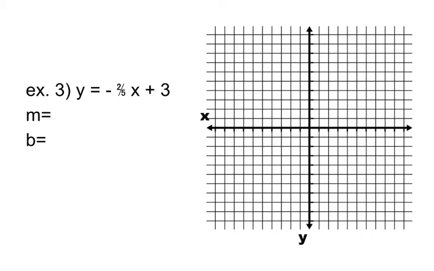Okay, so we have y equals negative 2/5 x plus 3. So remember, we're looking at this in y equals mx plus b form. So our slope, or m value, is negative 2/5. I always like to put my negative with the top, and that way my bottom number, the run number, is always positive.